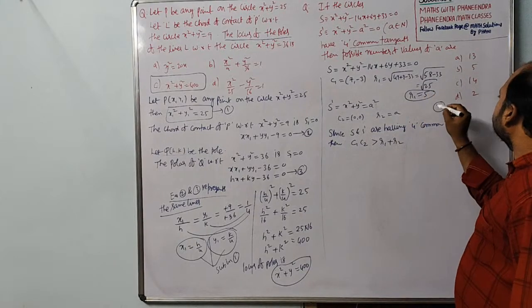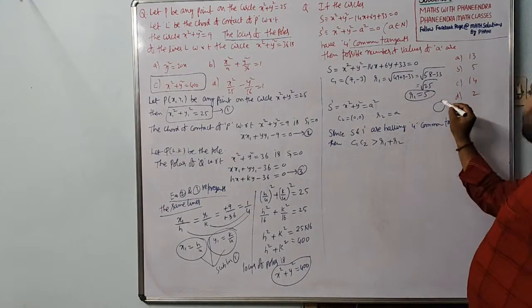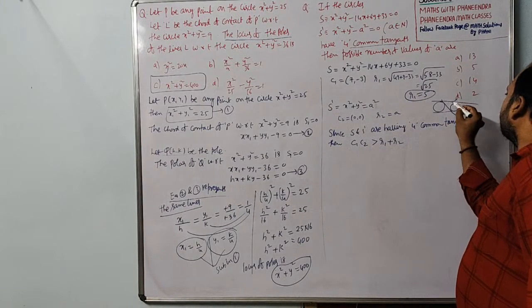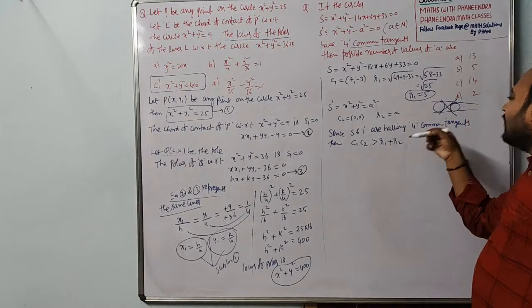The relative positions are like this, dear students. Four common tangents means two direct and two transverse, so this is the way the figure will come.